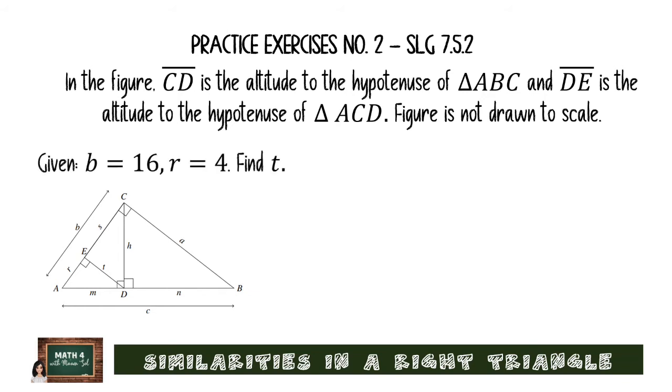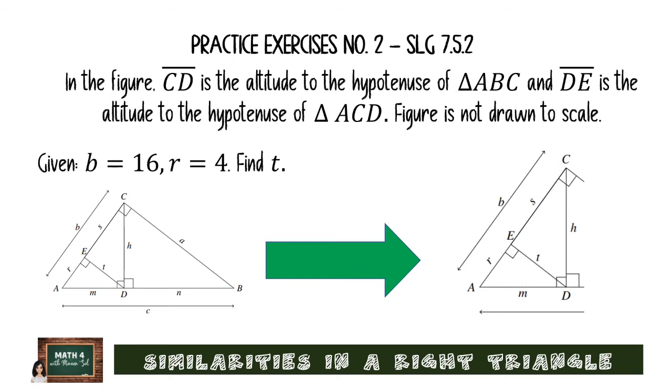We are also given the quantities B and R as 16 and 4 respectively, and we are going to find T. From the original triangle, we can extract the smaller triangle that involves the given B and R and the unknown T, and that is triangle CAD. In this triangle, B is the hypotenuse, T is the altitude drawn to the hypotenuse, and R is a segment of the hypotenuse.